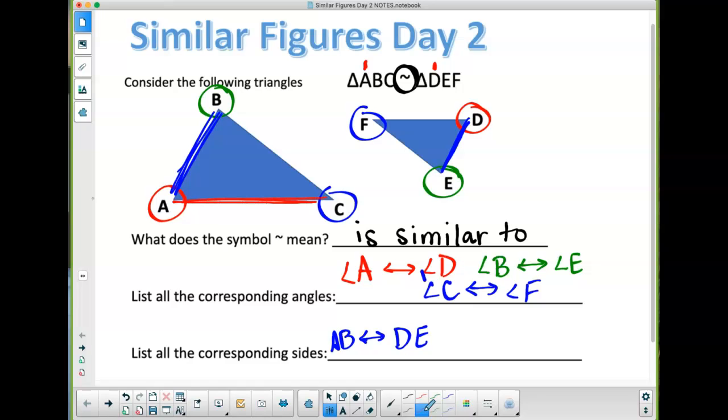AC, side AC corresponds to which side on the other triangle, Brinley? DF. DF, red to blue.